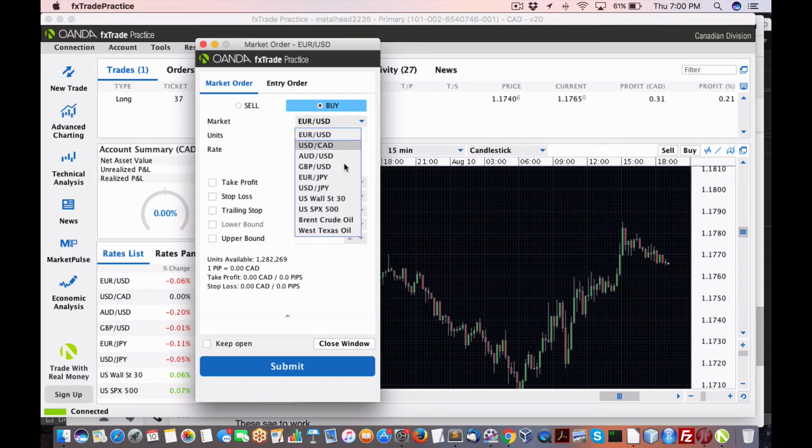Who owns these assets? Does it belong to the broker, Oanda, or to third parties that Oanda may use? I don't know. Now, there's a lot more than these.